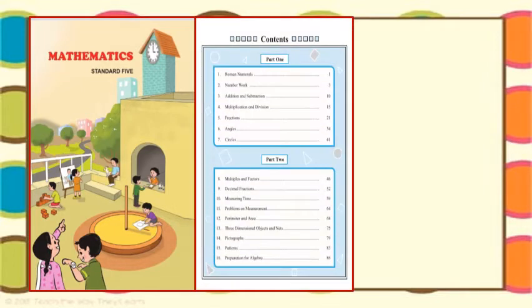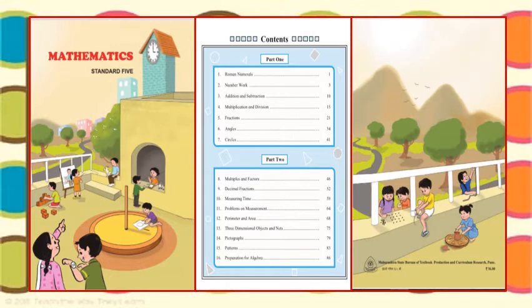Right? And the contents of this year's book, it is divided in two parts. Part 1 has 7 topics and part 2 has 9 topics. Altogether there are 16 topics. Okay, and the back page, this is also wonderful.